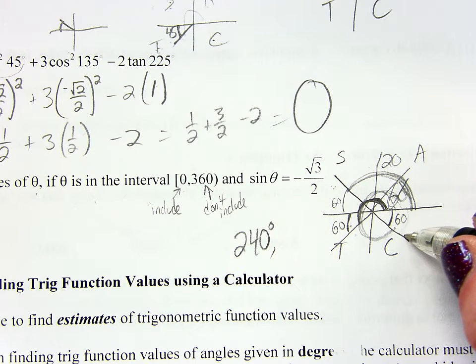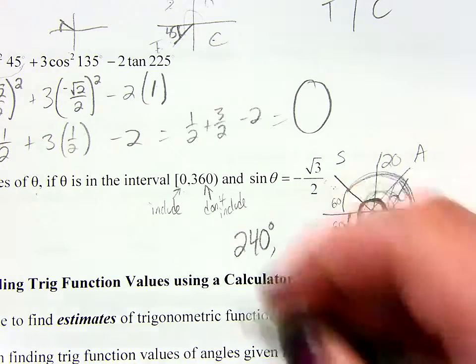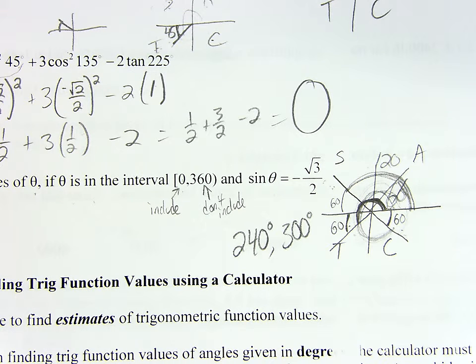A negative 60, what'd you say? 300, right? So 300 would also have a negative sine. So those are all the values greater than or equal to 0, but less than 360, that would have a sine of negative root 3 over 2.